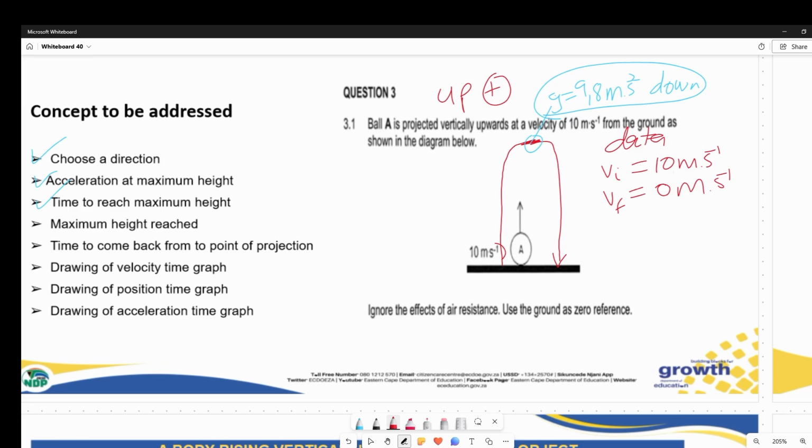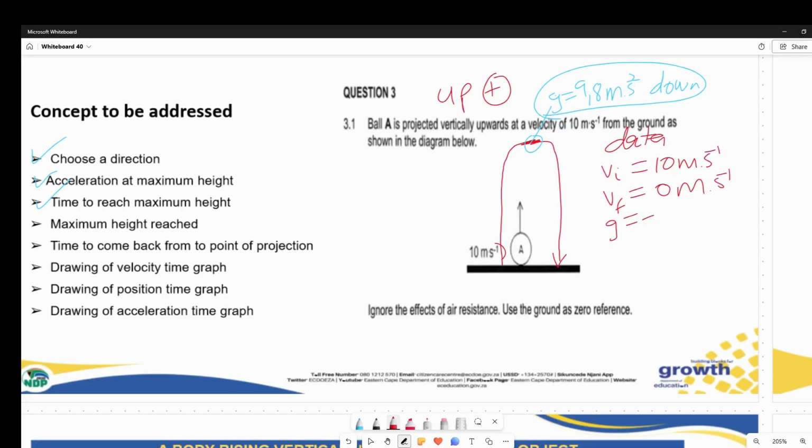Then we also know our gravitational acceleration. Remember, g is always going downwards, whether the object is going upwards or not. Now, our g is supposed to be negative 9.8 meters per second squared.